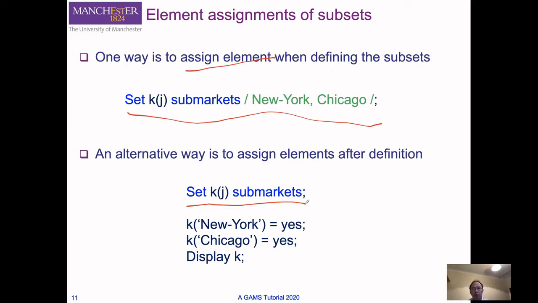After we finish the set statement, we can assign elements to this subset one by one. So here you can see we assign New York and Chicago to this subset K. If you want to see whether you assigned correctly or not, you can display this subset using the display statement.